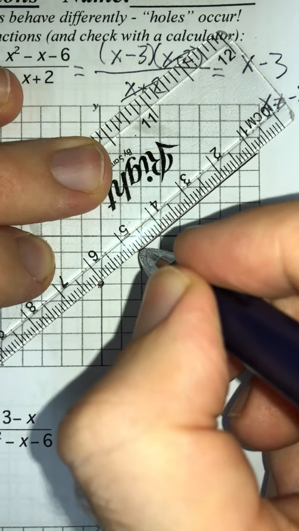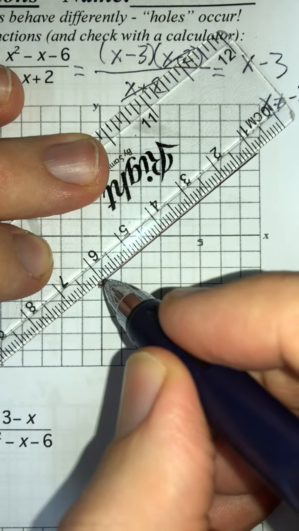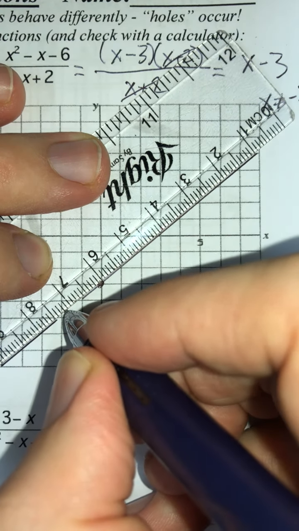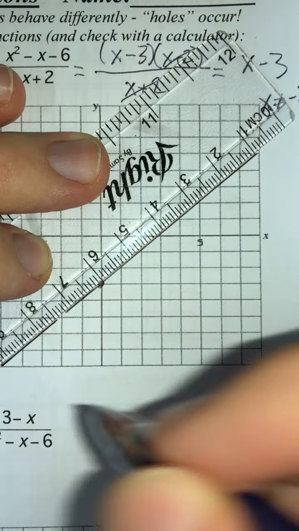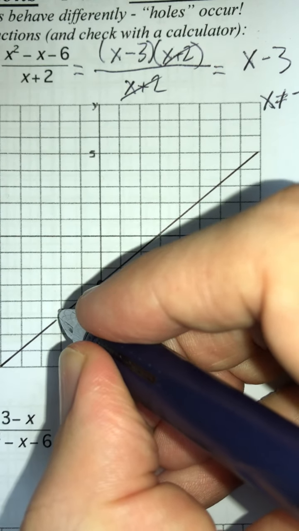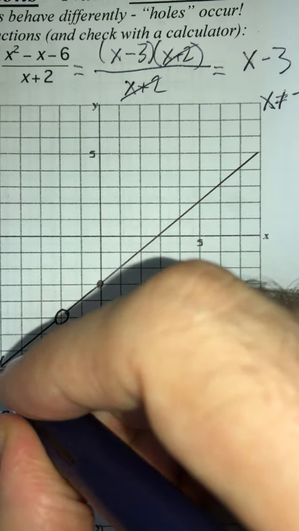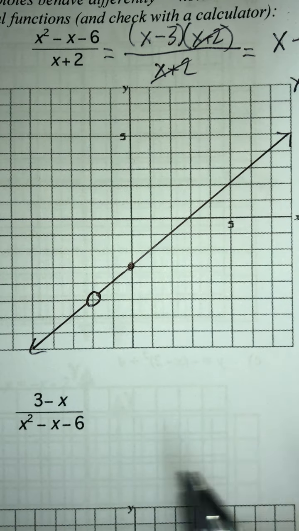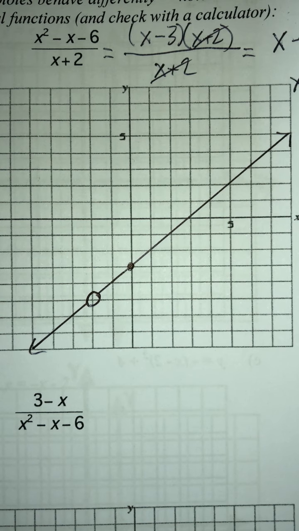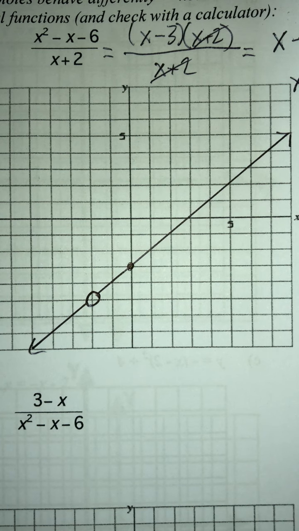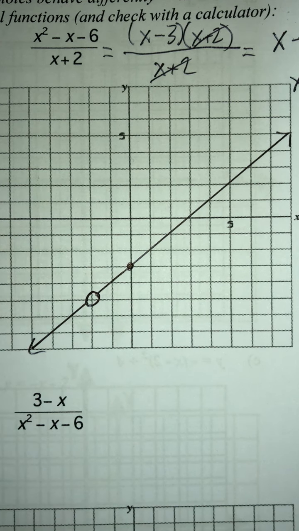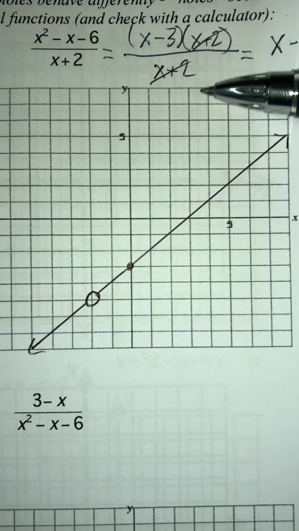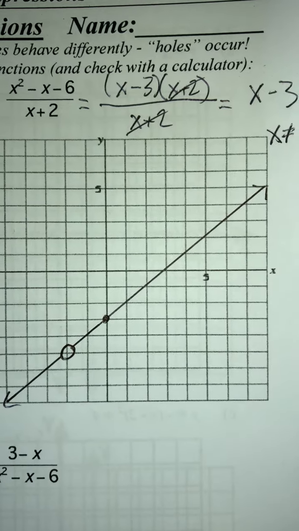So here's my line, and I'm going to check where's -2, so there's -1. I'm going to leave a spot here at x equals -2, and I'm going to put a circle. So instead of actually equaling what's at that point, I put a hole here. So wherever you cancel out whatever the restriction is in the bottom, you're going to get a hole.